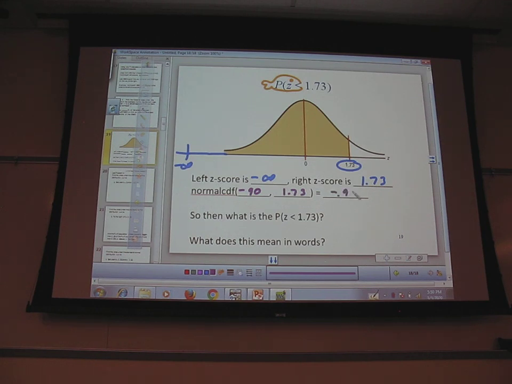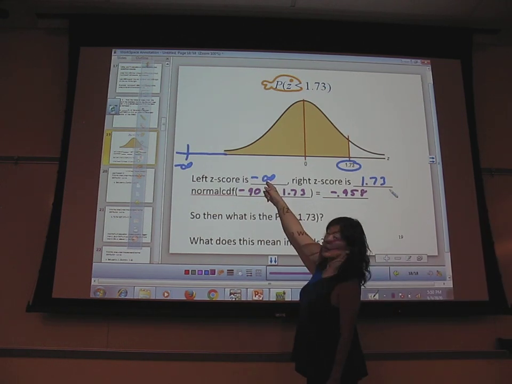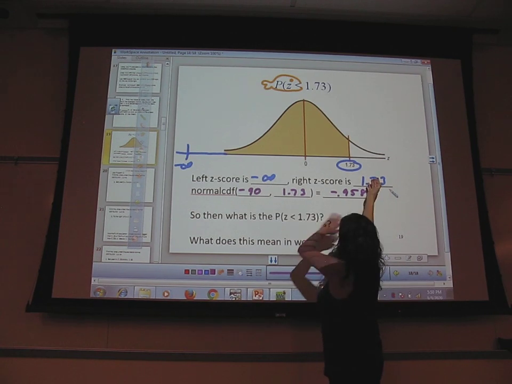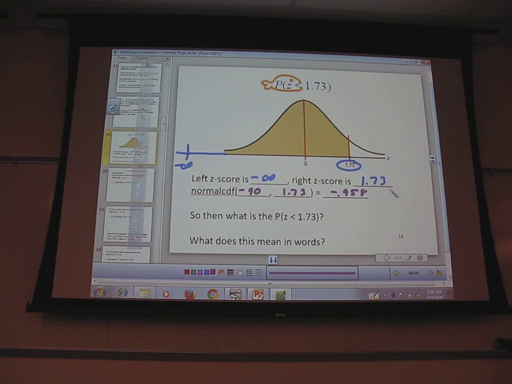Okay. So here's the deal. If you get a negative number here, it's because you put this one in first and that one in second. It's saying area for me. So that means you switched your left and your right. If you did that, just be aware that it's going to give you a negative area. Can you ever have a negative probability or a negative area?